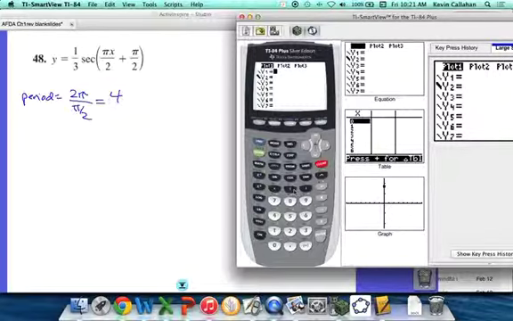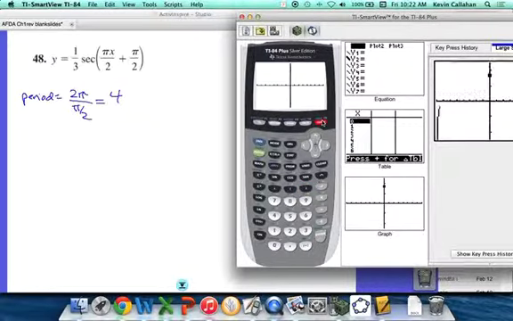So let's see, 1 divided by 3, times 1 divided by cosine of pi x over 2, plus 1 divided by cosine of pi divided by 2. Graph.